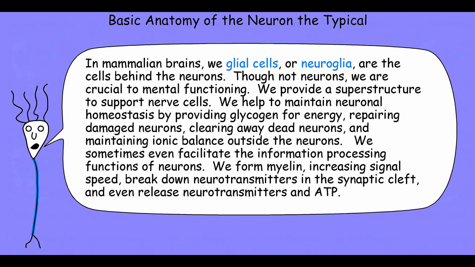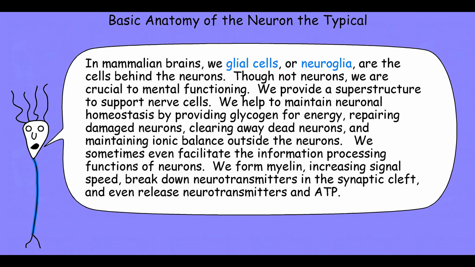In mammalian brains, glial cells or neuroglia are the cells behind the neurons. Though they're not actually neurons, they're crucial to mental functioning. They provide the substrate that holds up the brain, and they help to maintain neural homeostasis by providing glycogen for energy, repairing damaged neurons, and clearing away dead neurons, as well as maintaining the ionic balance outside the neurons themselves.